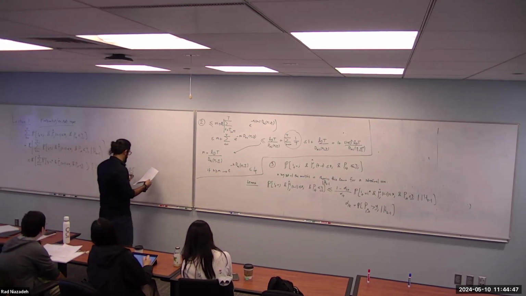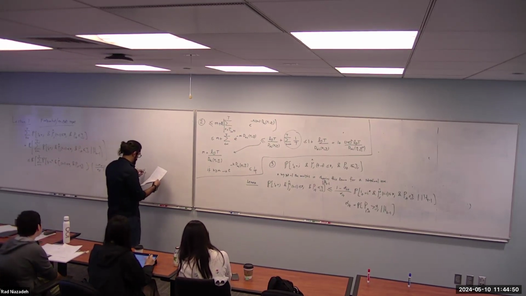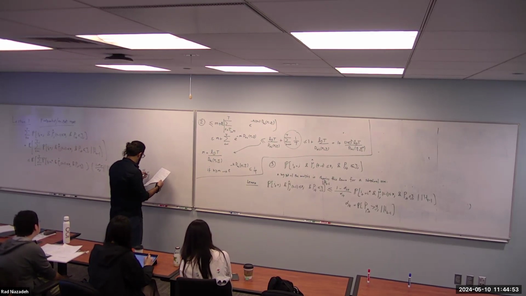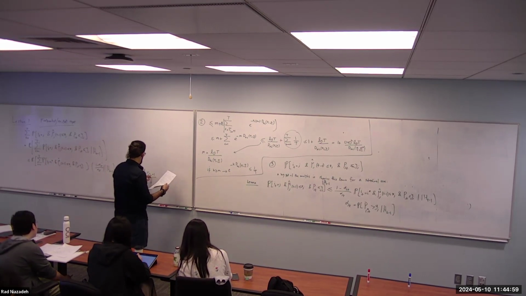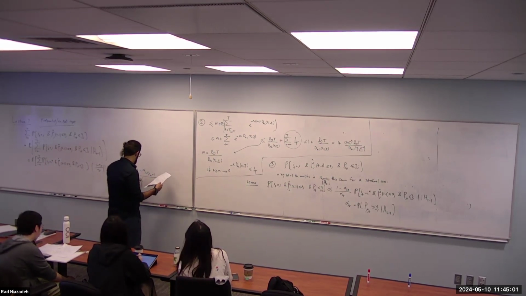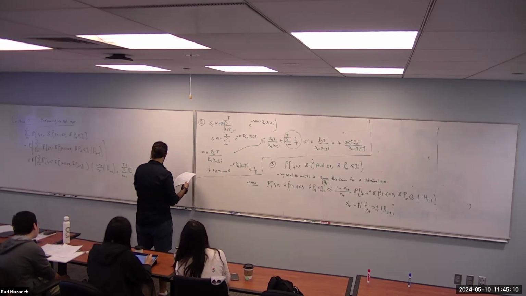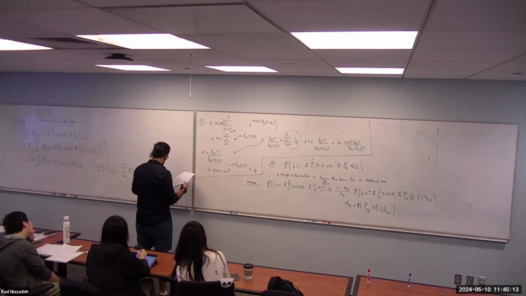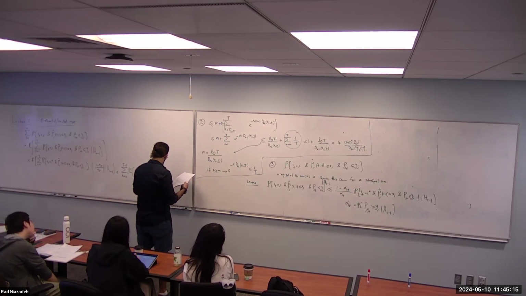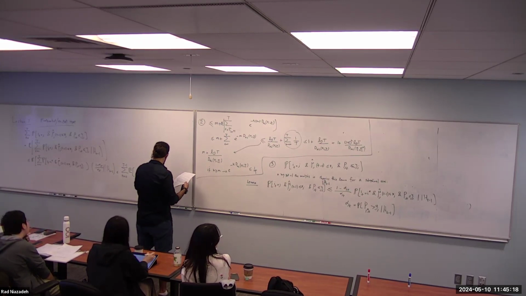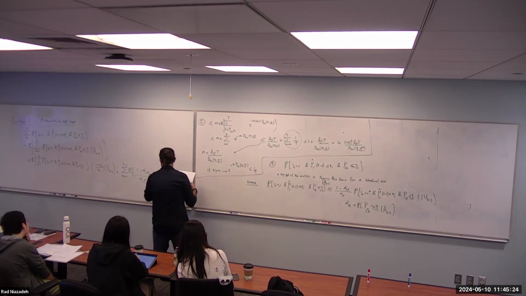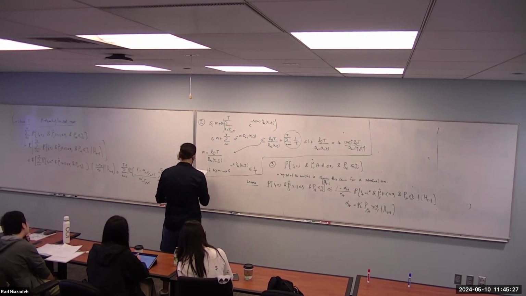There's going to be expectation of 1 minus alpha j tau of I star and k plus 1, divided by alpha j tau of I star and k plus 1, multiplied by the sum over t from tau of I star and k plus 1 all the way to tau of I star and k plus 1.